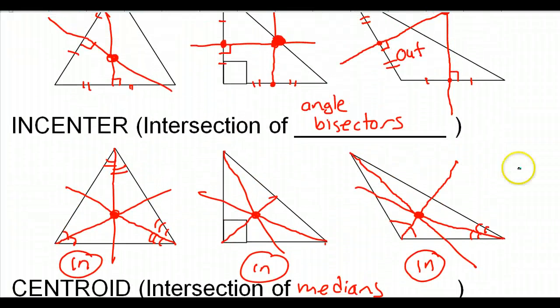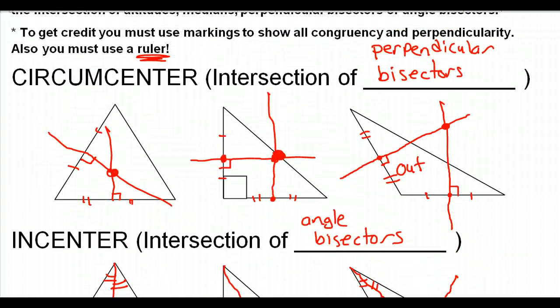If it's incenter, you draw some angle bisectors. Okay, split these angles in half. And if it's circumcenter, you draw yourself some perpendicular bisectors. Perpendicular bisectors. And just see where they meet. Inside, outside, or on the triangle.